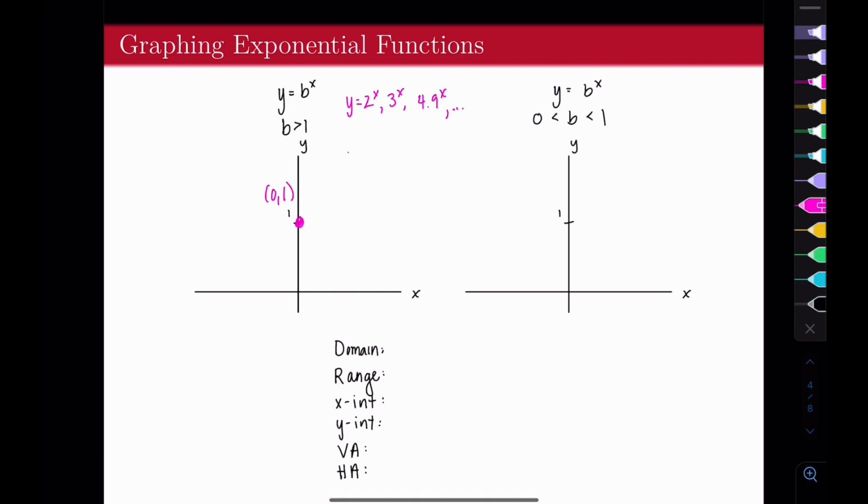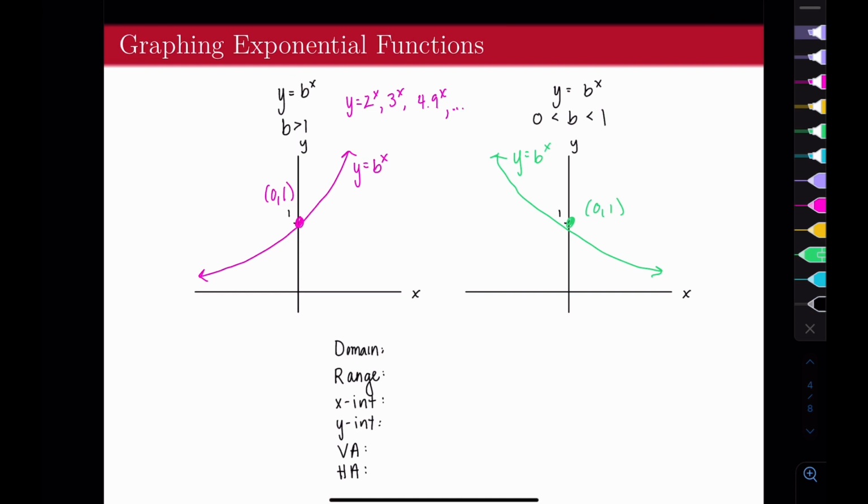And then you're going to have that same shape as our last graph. So it will look something like this. When we have a base between 0 and 1, we're still going to go through the point 0, 1, but it's going to go in the opposite direction. So it's going to look more like this.